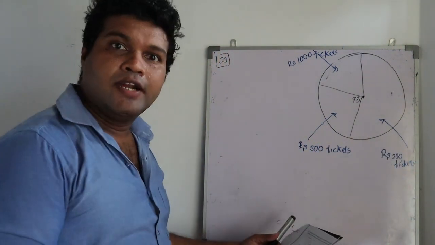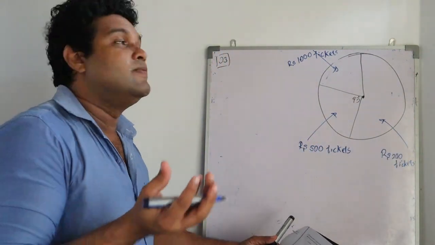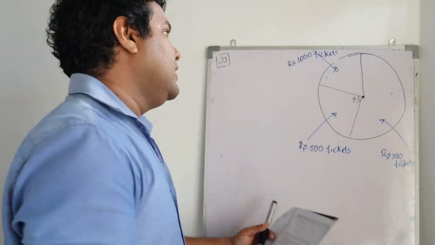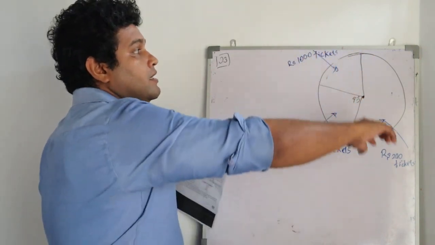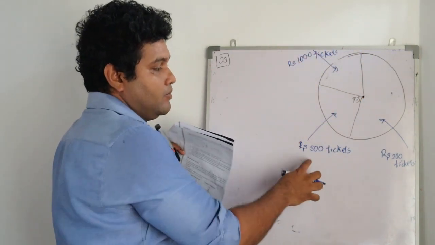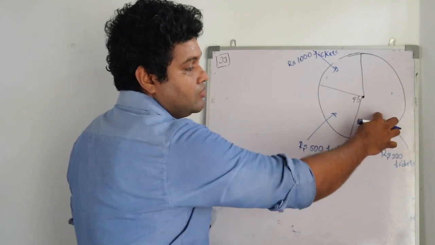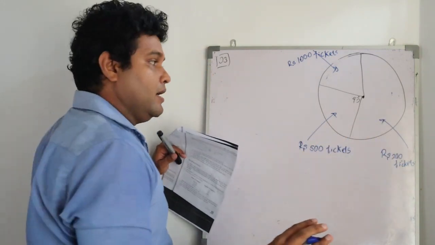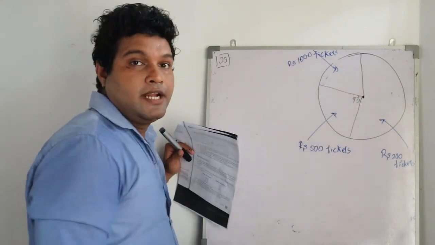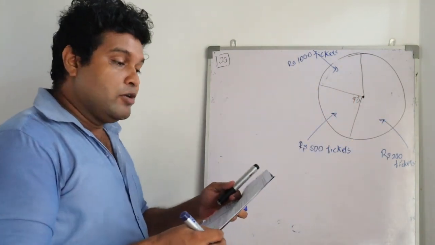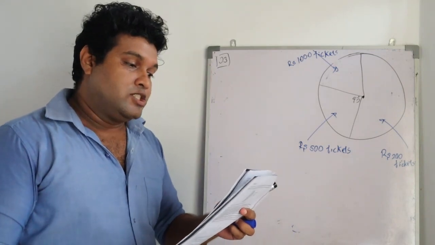Students, are these the number of tickets or the worth of the tickets? The worth, the value, right? We don't know the number of tickets relevant for that, but the worth of one ticket was 1000, the worth of the tickets 500, the worth of one ticket was 200, right? But we don't know the number of tickets that should be included inside the sectors. Okay, according to the question, we had to understand.